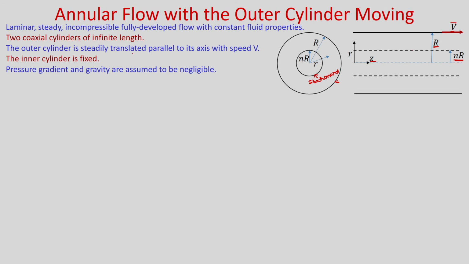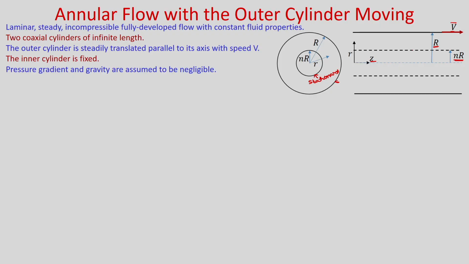The outer cylinder is steadily translated parallel to its axis with speed v, the inner cylinder is fixed, and pressure gradient and gravity are assumed to be negligible. So it is a purely shear driven flow, because the pressure gradient is 0 and gravity is 0.